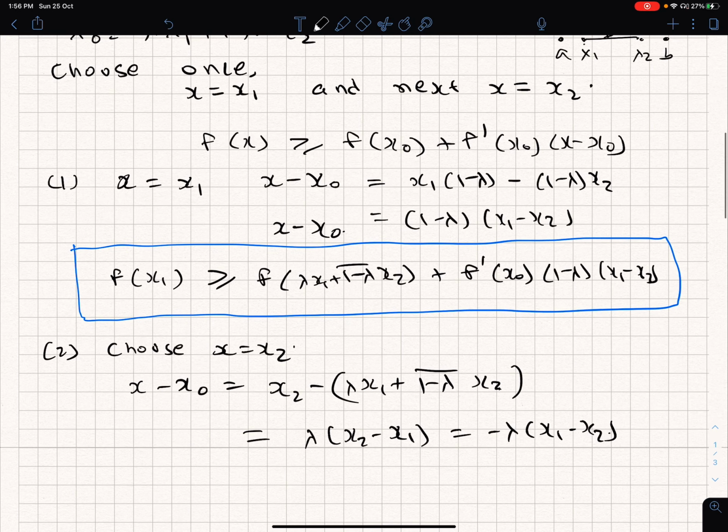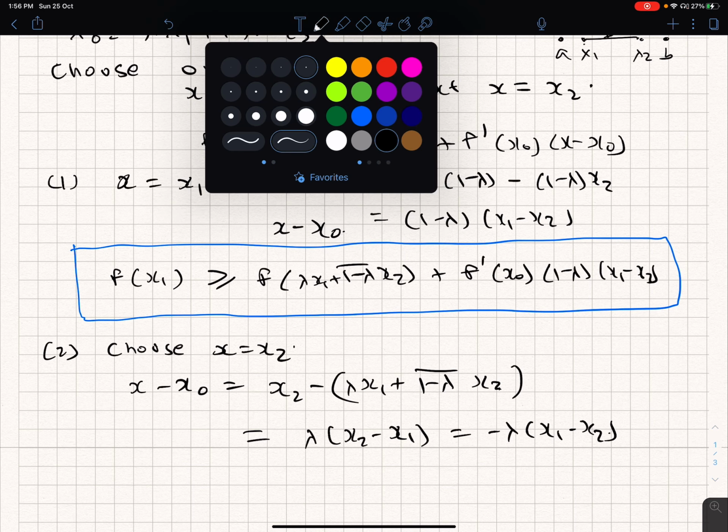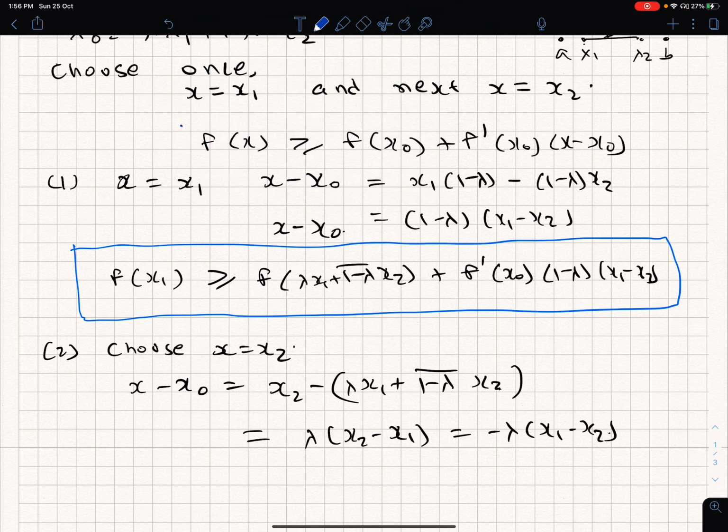So again now substitute in this. Actually, this is also important, so let's put this also in our blue bracket.